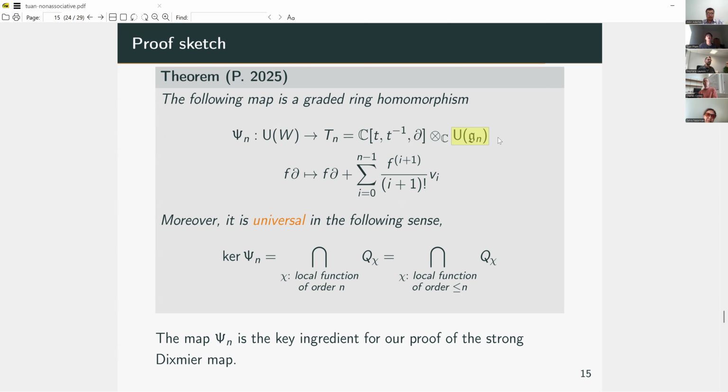But for now, the main thing is that we don't know whether such a map psi n exists for all infinite dimensional Lie algebras. Okay, very interesting. Thank you.